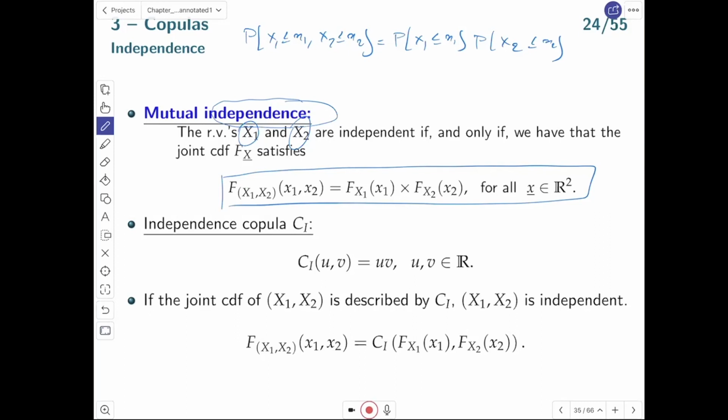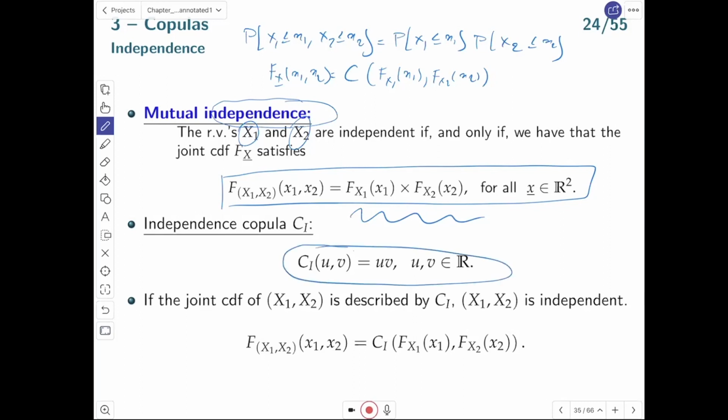And then you see, if I use a copula function C, Sklar's theorem tells you that F_X(x1, x2) is equal to a copula C applied on the marginal CDFs, right? Then in order to get this expression here, I should take the copula function C in this way.